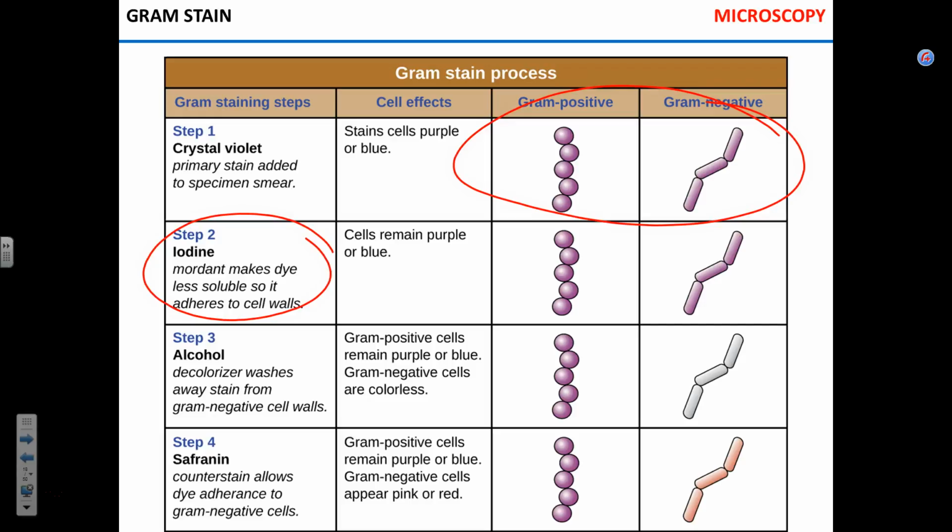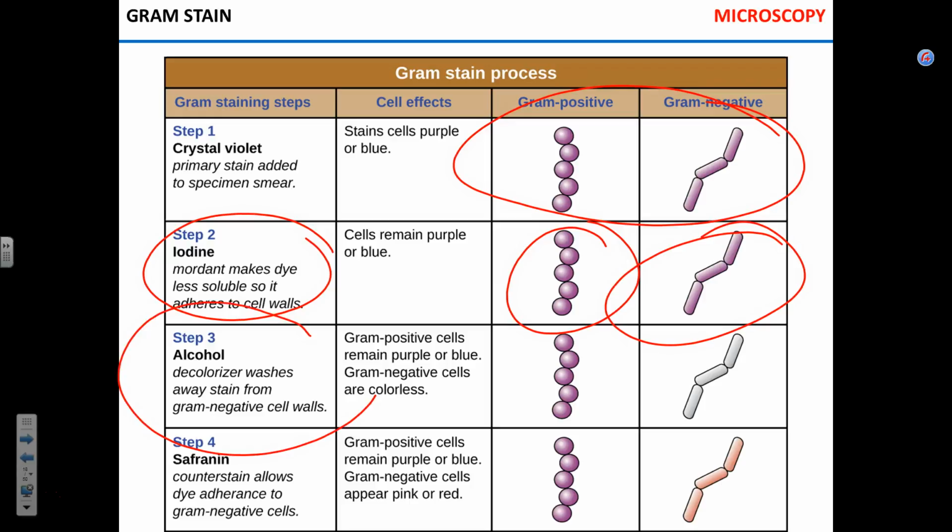That mordant pretty much fixes the dye, okay? So the dye adheres to the cell walls, and cell walls are much more prominent in gram-positive bacteria. The bacteria all remain blue.